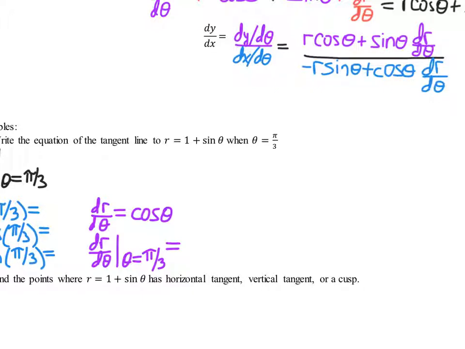All right. So all this is telling us, I mean, the vertical line just means such that, or given. So I want dy dx given that theta is equal to pi over 3. So dr d theta given that theta is equal to pi over 3. All right. So if I'm plugging in a pi over 3 for theta in the sine function, unit circle, that's going to be 1 plus sine of pi over 3, which is radical 3 over 2.